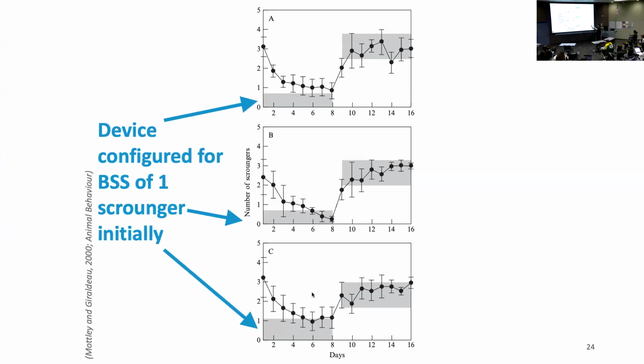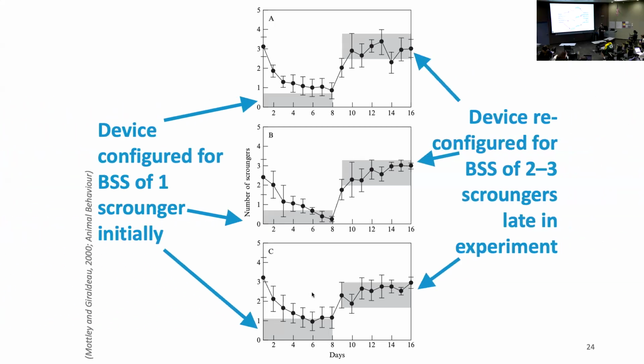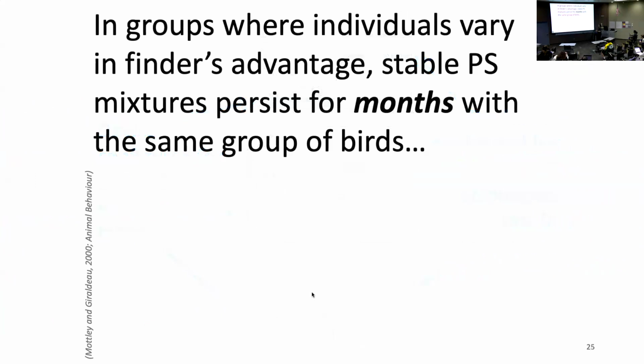Okay, so it has this nice repeatable result. What's also cool about it is you can take six birds, put them in this experiment, and see who's producer and who's scrounger. Some birds will pretty much always play producer, and some birds will pretty much always play scrounger.